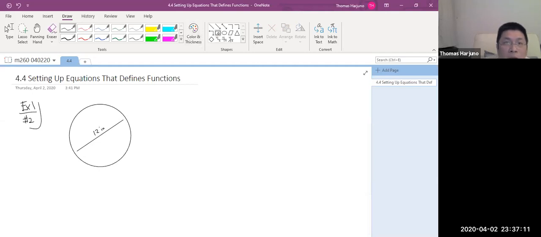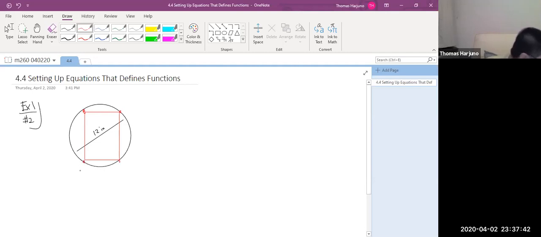And then I want to inscribe a rectangle in there. What we mean by inscribe a rectangle is to put the rectangle inside such that the corners of the rectangle are exactly on the circle. That's what we mean by inscribing.